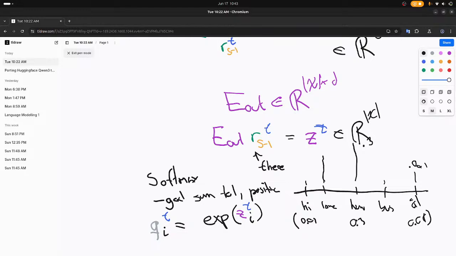This is a vector, and s of t is not summing to 1.